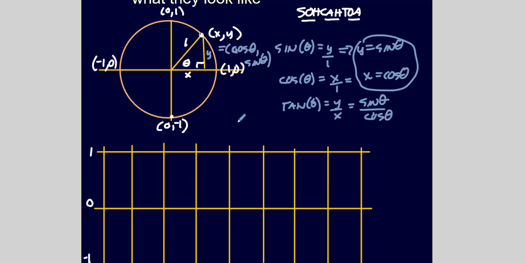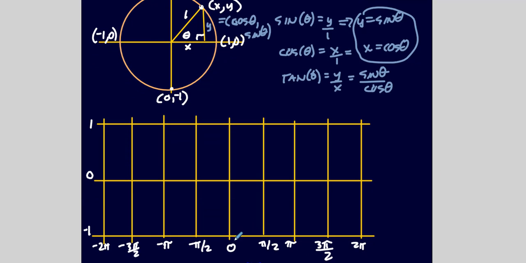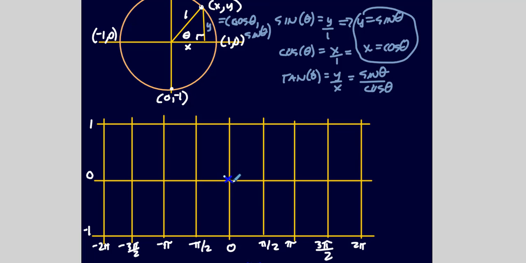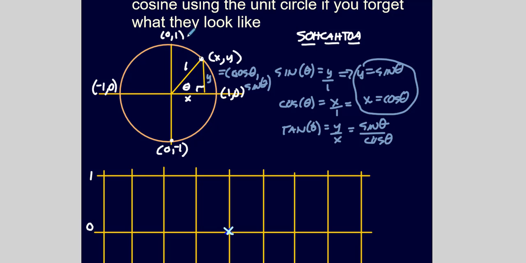So at 0 radians or 0 degrees, sine is 0. We'll start with sine. Let's do a different color there so we can see it. So sine is 0. At pi over 2 or 90 degrees, sine is 1.